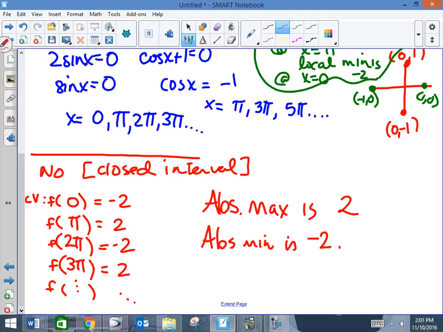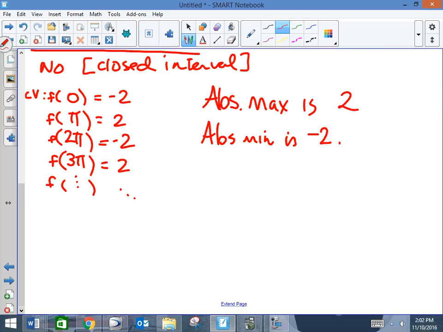Okay. Alrighty then, what's the next one? Well, we did absolute and local, so we're done. Oh, step 11, oh man. Yeah, okay. Vertical, horizontal asymptotes, none, right?